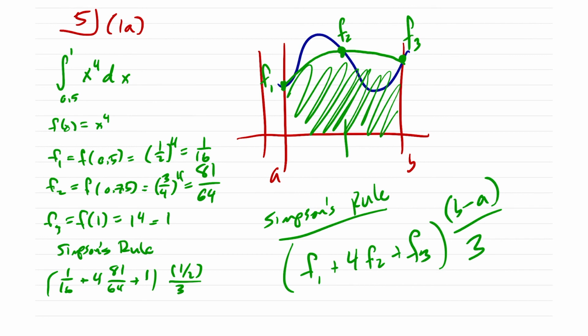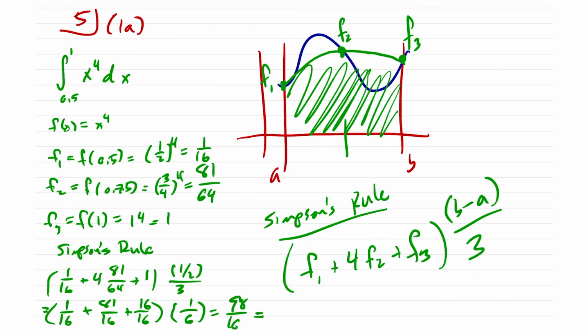Now I take 1/16, and I have 81 over 16 plus 16 over 16, and that's times 1 over 6. So this is 81 plus 1 plus 16, so it's going to be 96 plus 2, 98 over 16.